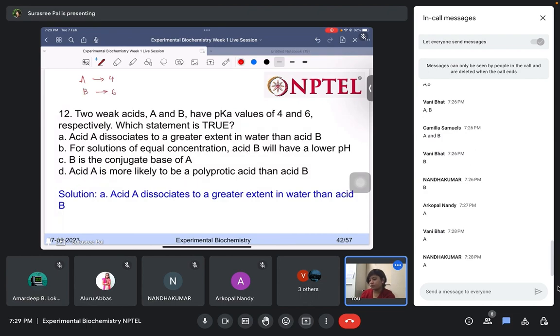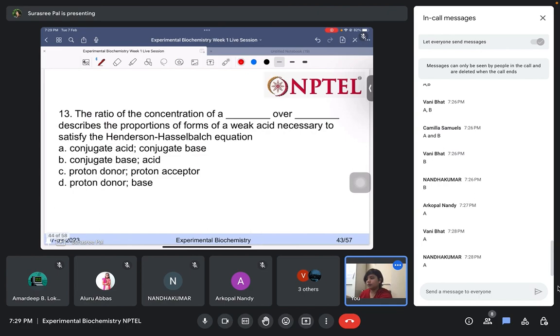So B has a pKa value which is greater than A, which means Ka of B is less than Ka of A, which means that acid A has a higher dissociation constant, so acid A will dissociate more than acid B. All right. Moving on to the next question.